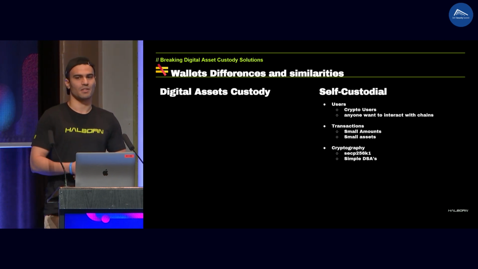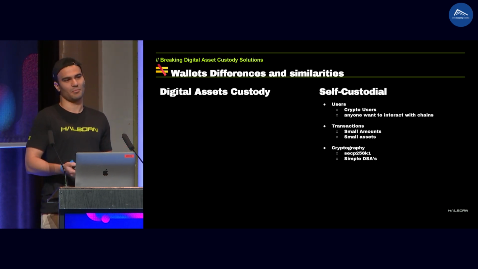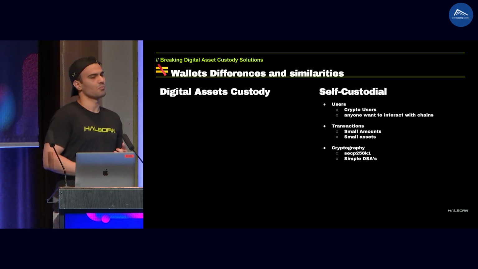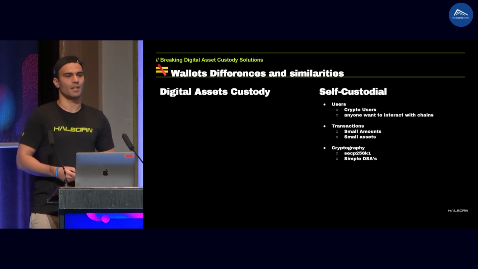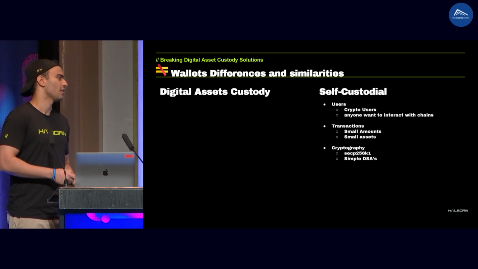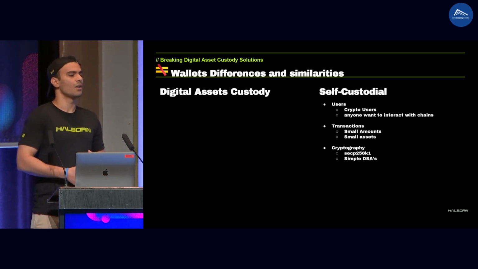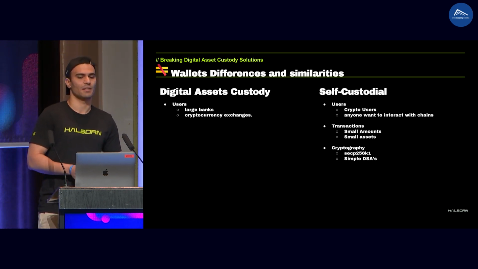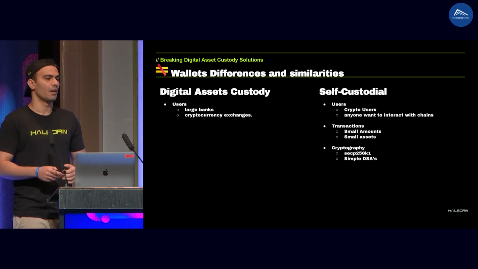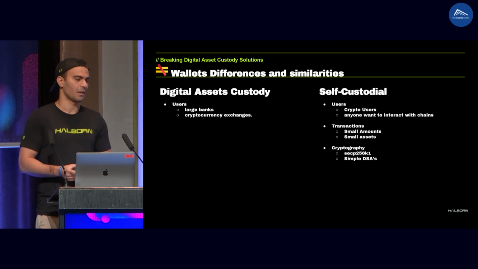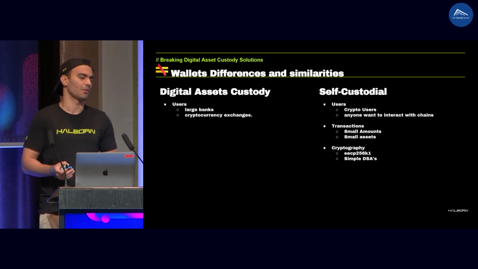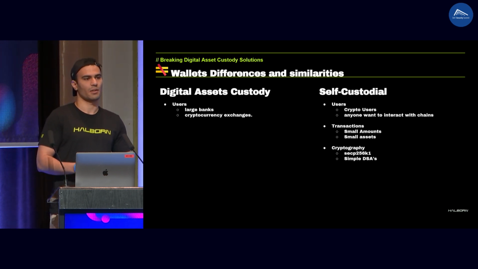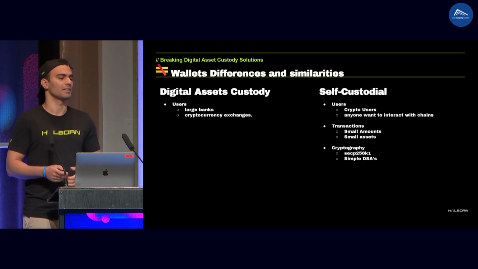With a wallet, it's simple cryptography, digital signatures, maybe some simple multi-sig wallets, used by normal users, not financial institutions or crypto exchanges. But digital custody solutions are used by banks, where they store their digital assets like Bitcoin, ETH, or any kind of cryptocurrencies, and also by centralized exchanges, when they're holding their liquidity.